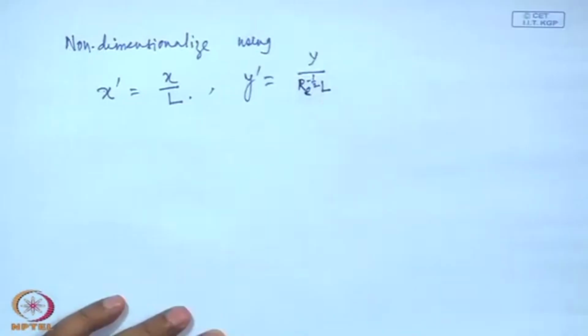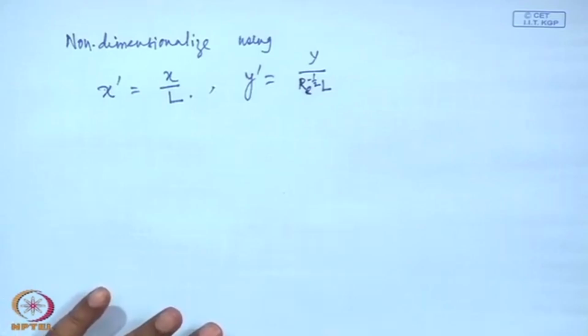That is y by delta, where delta is the order of the boundary layer thickness.